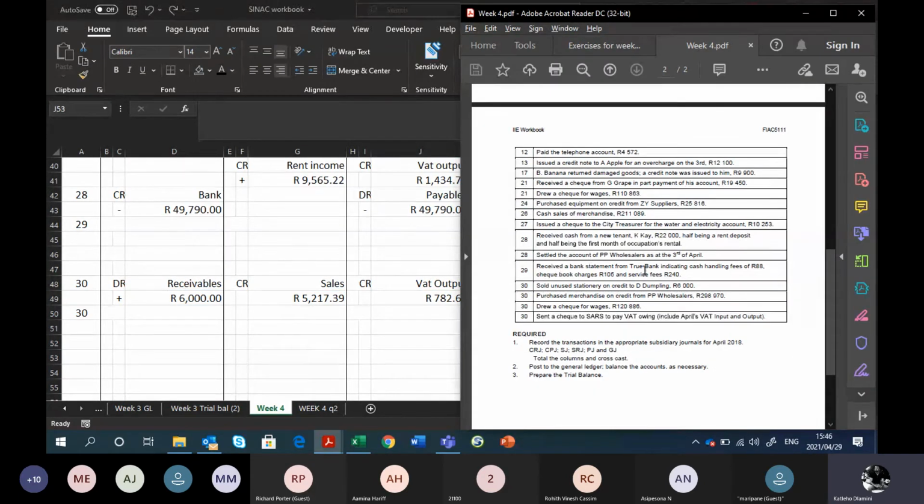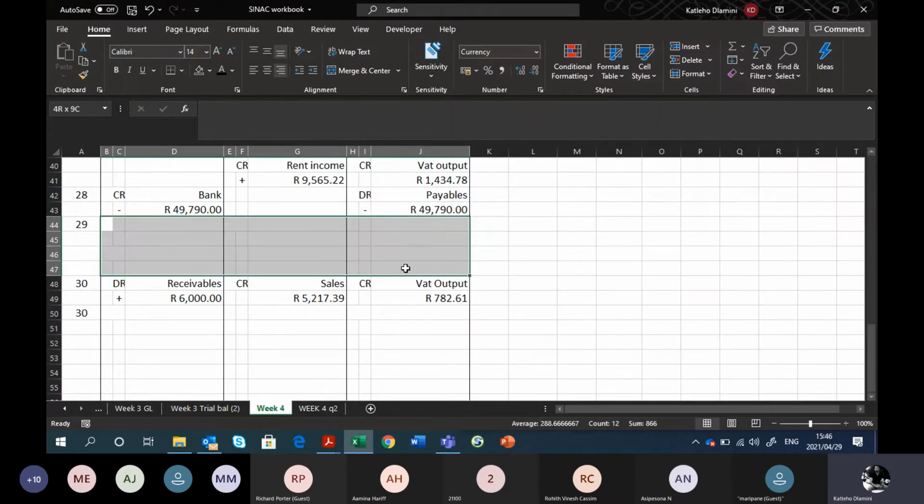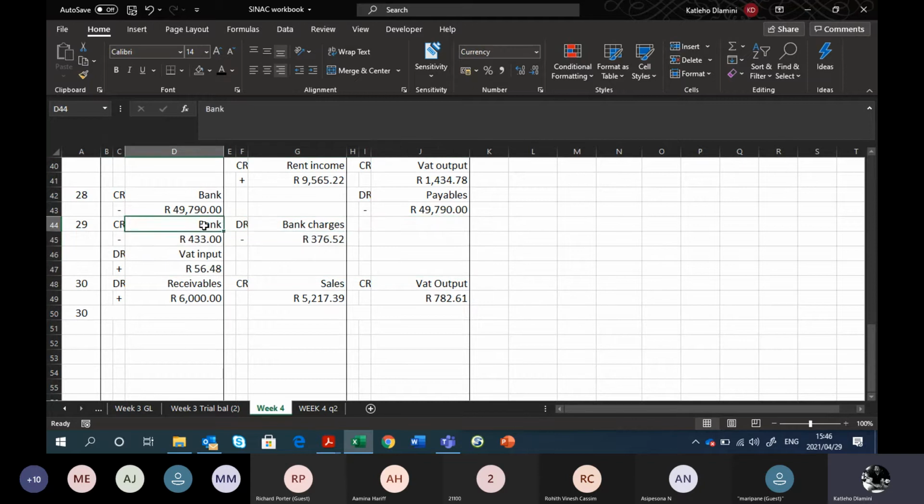Then the 29th, which is the one that I skipped. Received a bank statement from True Bank indicating cash handling fees of 88 rand, checkbook charges of that amount, and a service fee of that. So we have bank charges here, an expense account called bank charges. You add all of them here.